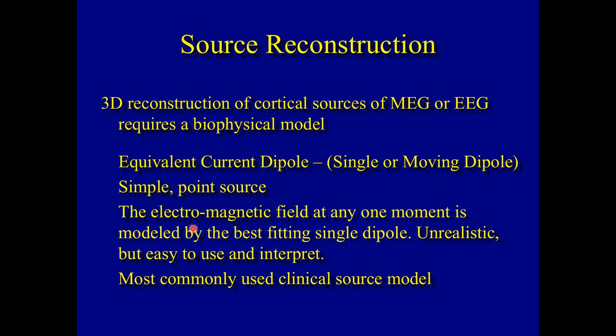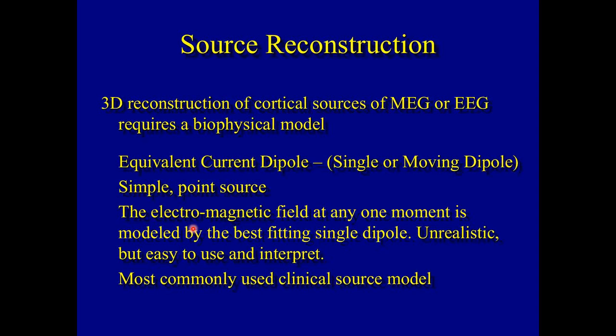Now, what we need to do is take these fields that we measure and somehow reconstruct in 3D where the sources would like to be. In order to do so, we need some sort of biophysical model. And the one most commonly used is the equivalent current dipole, also called the single or moving dipole model.